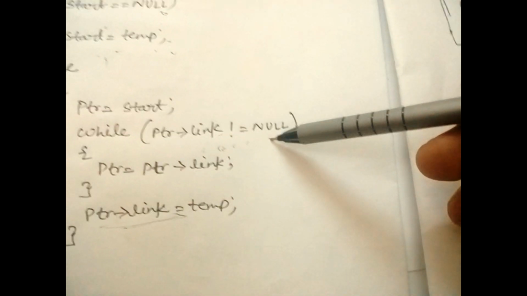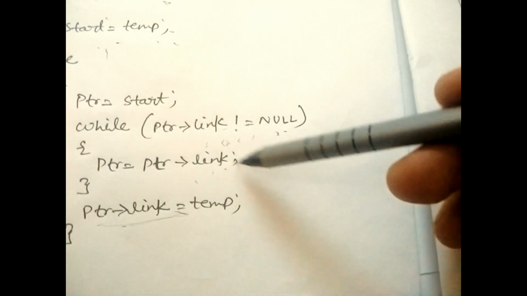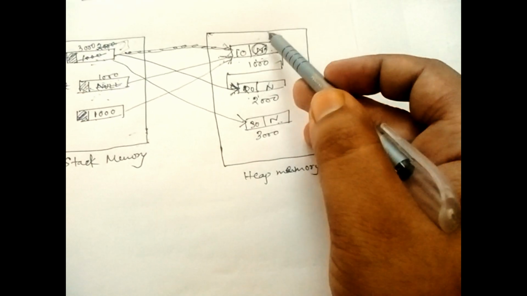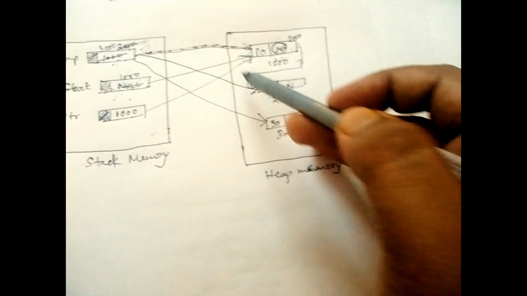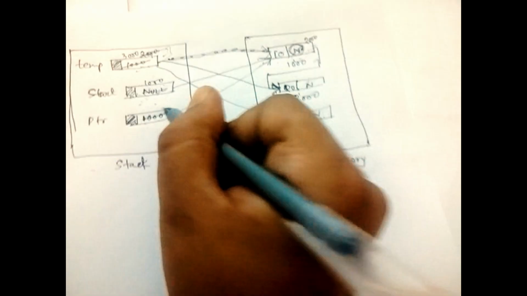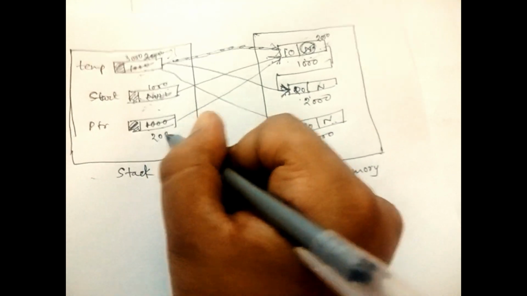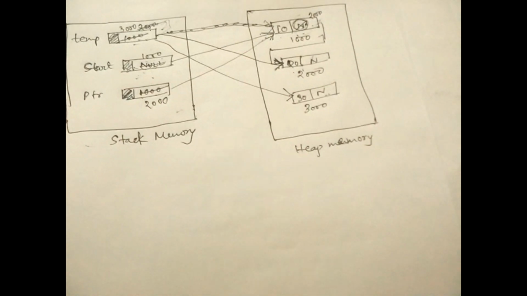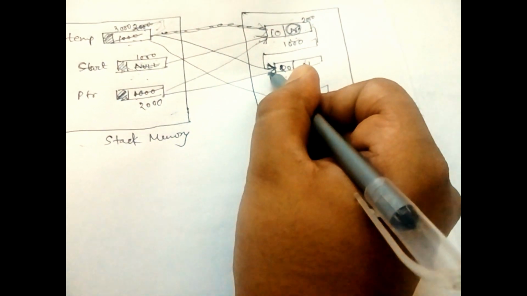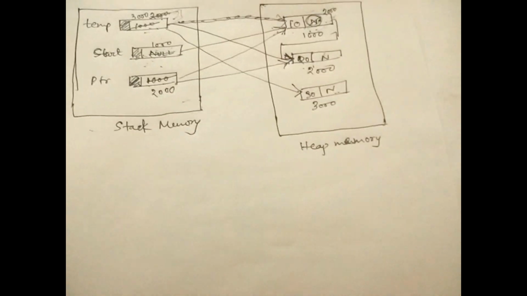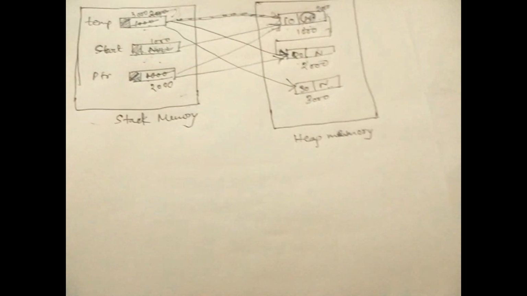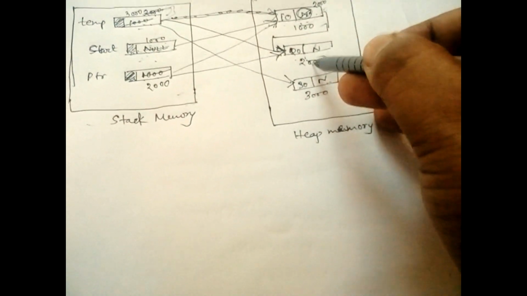The condition is satisfied. So now perform ptr equal to ptr arrow link. Clear? So in heap memory ptr arrow link equal to 2000, which is assigned into ptr. That means update the value of ptr, which is 2000. Clear? Now ptr points to this node. Okay, ptr now points to this memory.